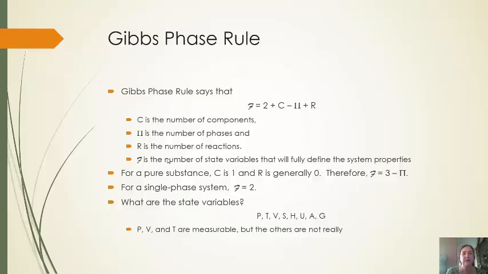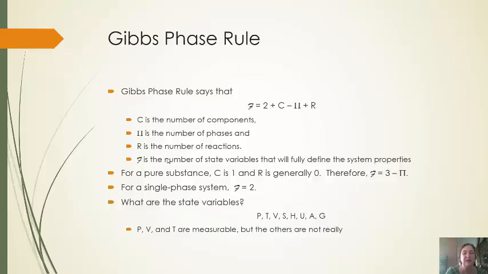So again, those state variables, we've got pressure, temperature, volume, entropy, enthalpy, internal energy, Helmholtz energy, and Gibbs energy. Some of these we're very familiar with because of our previous thermodynamics work, and then some of these, Helmholtz energy and Gibbs energy, are perhaps very new to you.